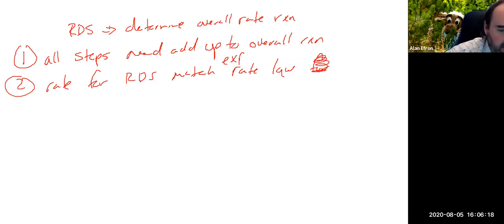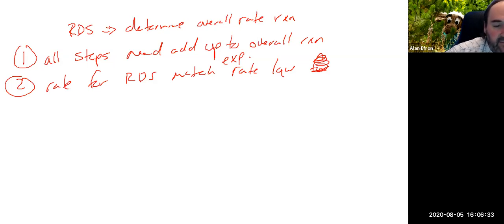So the rate law for the RDS should match the experimentally found rate law. If both of those things happen, then it's a good mechanism. If the type of mechanism problem that you're asked about is, is this a good mechanism? Those are the 2 things you want to check.